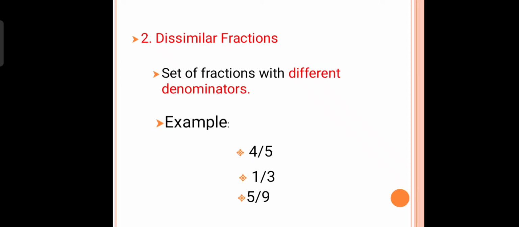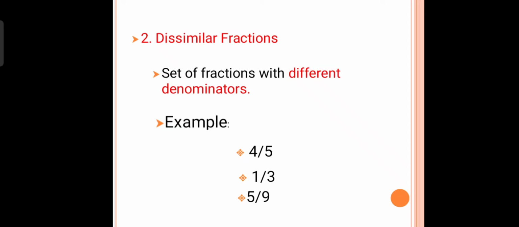Look at their denominators. For 4/5, the denominator is 5. For 1/3, the denominator is 3. And for 5/9, the denominator is 9. So, this set of fractions has different denominators. What do you call a set of fractions with different denominators? It is called dissimilar fractions.